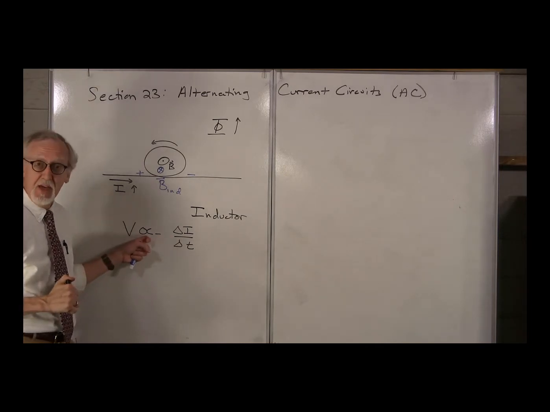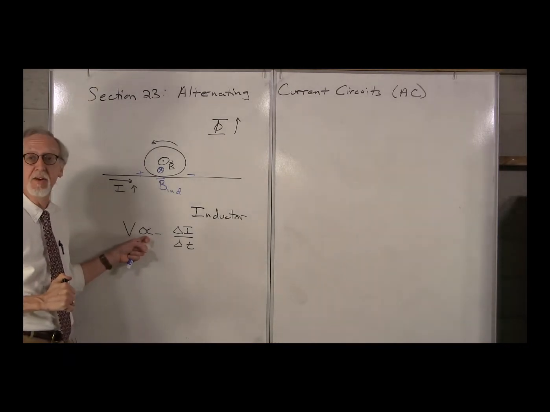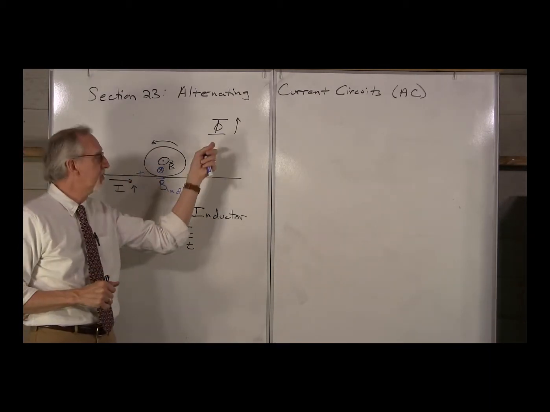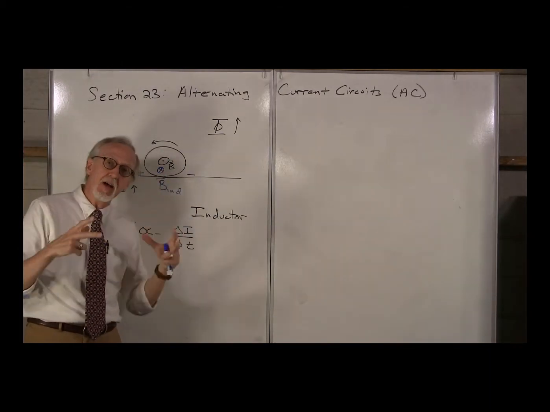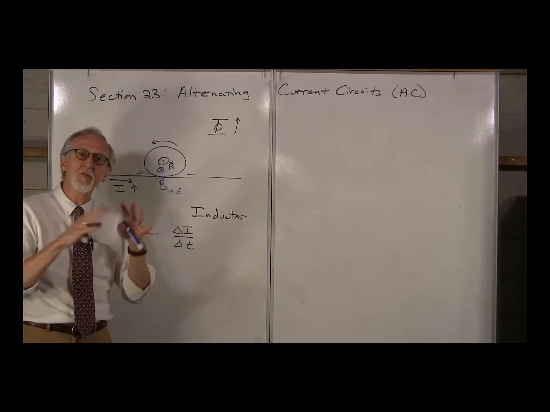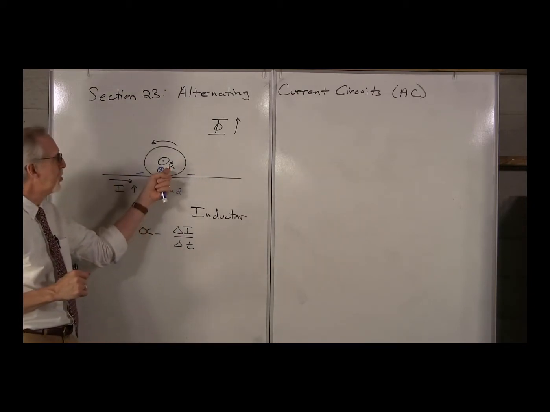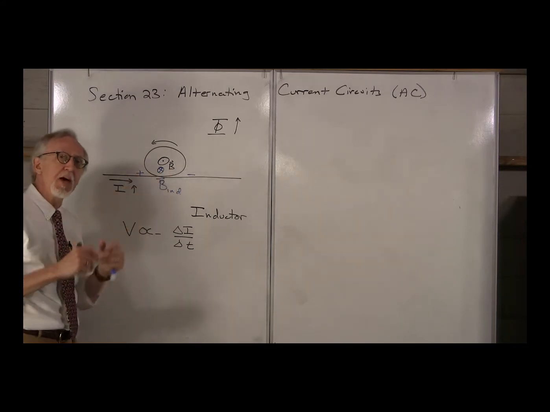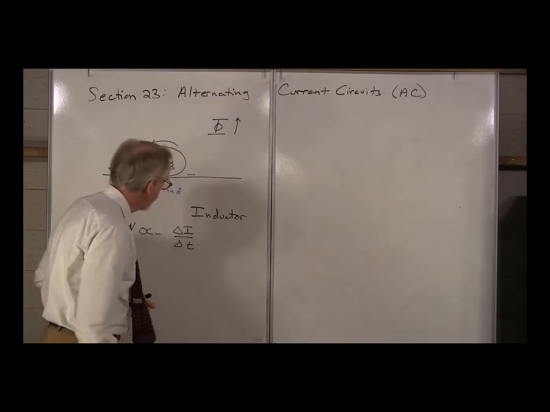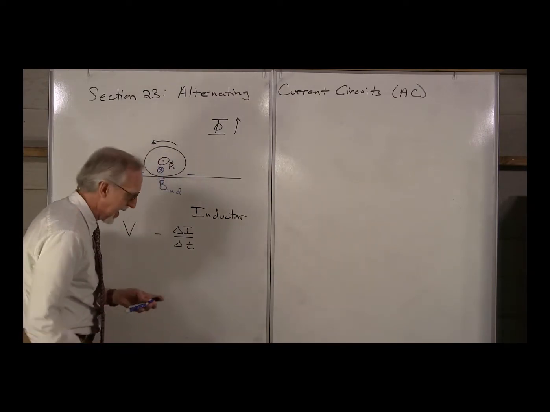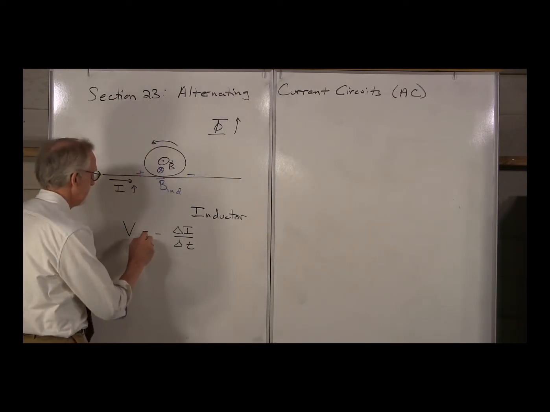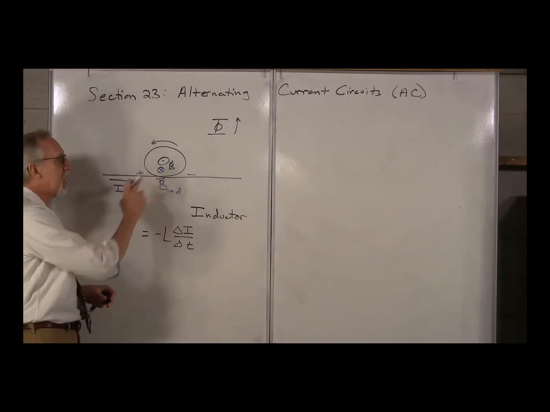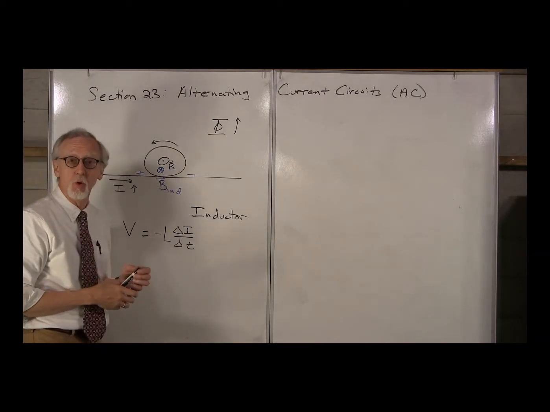Now, how can we make this an equality rather than a proportionality? Well, the number of loops will affect how the flux changes. The area of the loop will affect how it changes. All of those things build in together to describe how powerfully that inductor acts. And we'll put that all into one quantity that we will write as L. L describes how strongly that inductor works.